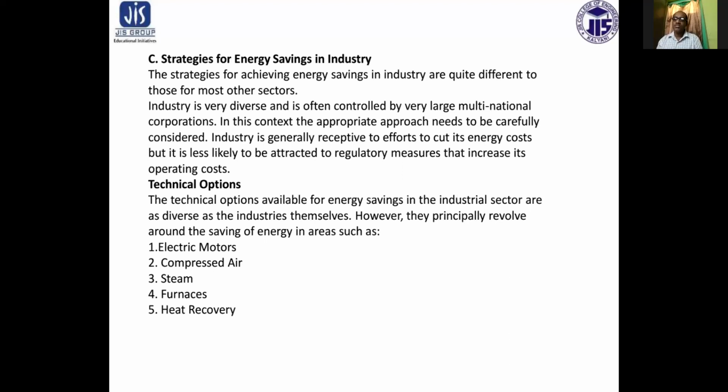The technical options available for energy savings in the industrial sector are as diverse as the industries themselves. However, they principally revolve around the savings of energy in areas such as electric motors, compressed air, steam, furnaces, and heat recovery equipment.